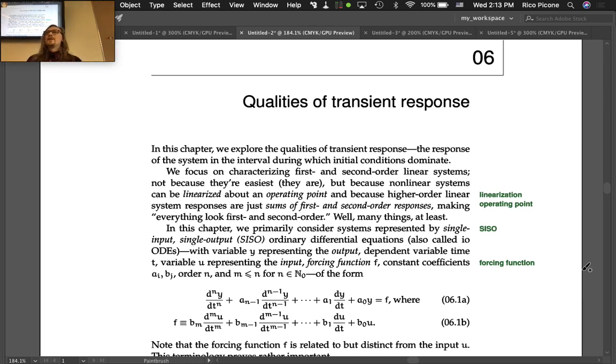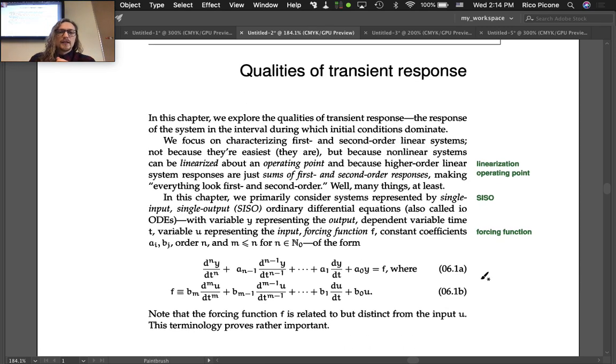Usually there will be some dominant pole, we'll call it, or dominant root of the characteristic equation. And we already saw the dominant time constant, which is what that root of the characteristic equation is for the first order system, and something similar can be said for second order systems and higher order systems as well. So that was kind of the idea.